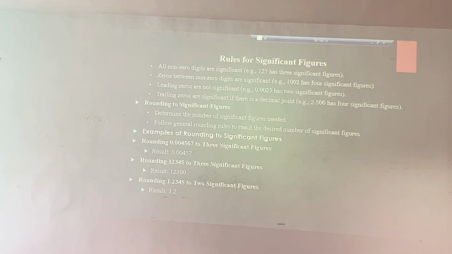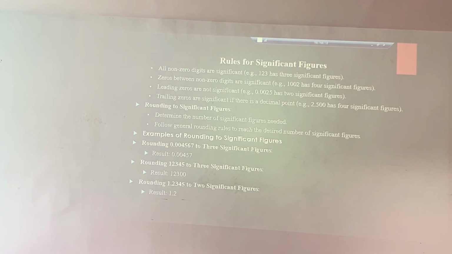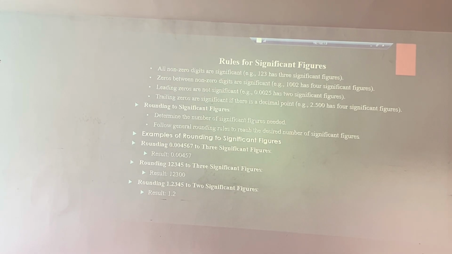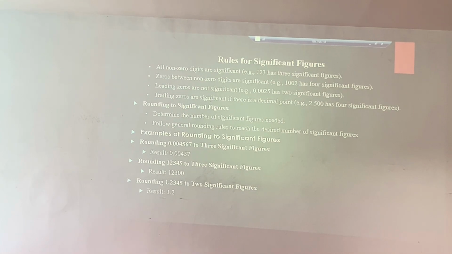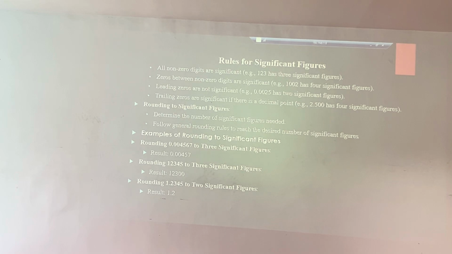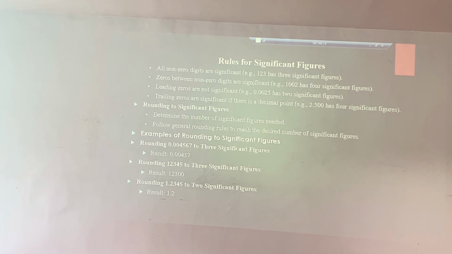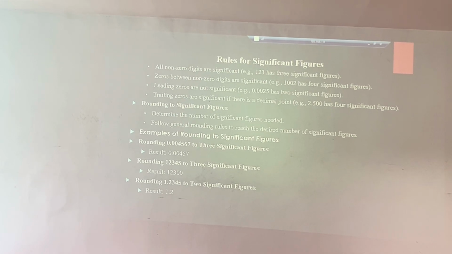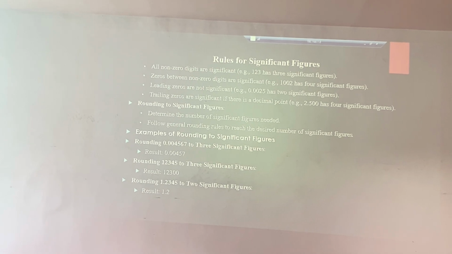If someone says the value is 0.004567, then 3 significant figures means you should not consider the zeros. You should consider the non-zero numbers that come, take these 3, and round accordingly. Understood?